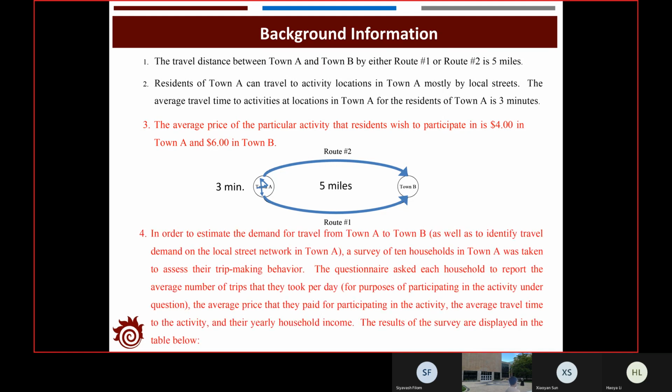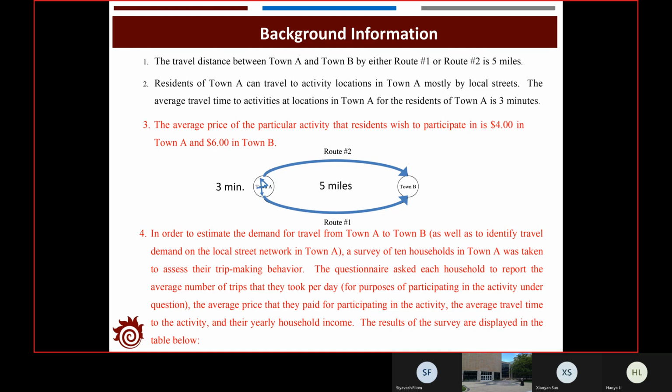Now we want to estimate the demand of the trips from town A to town B, and also the demand inside town A. To do that, we conducted a survey of about 10,000 of the residents in town A. They report their number of trips taken in town A and town B, identify the purpose of the trip, the average price they spend for those activities, the average travel time of the activity, and their yearly household income.